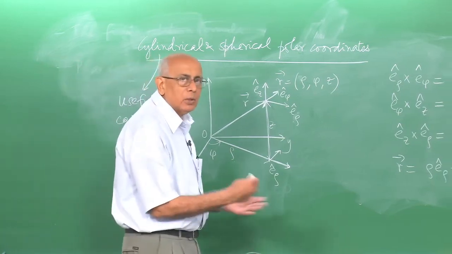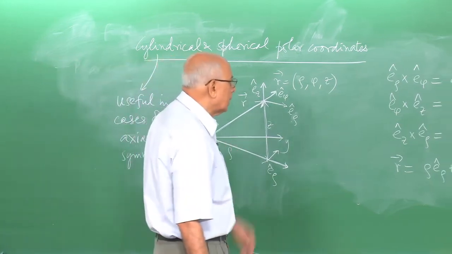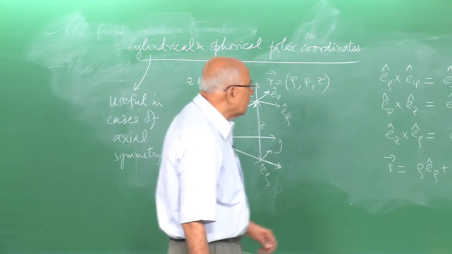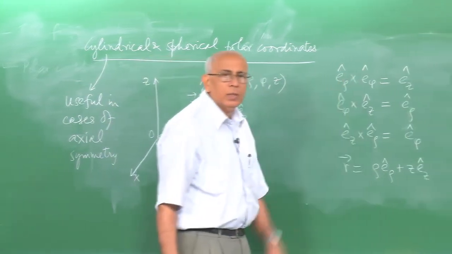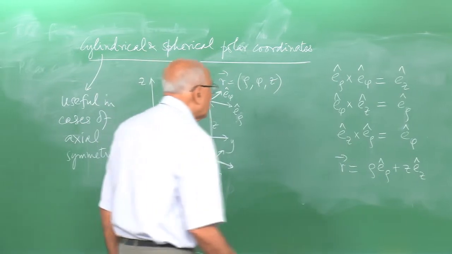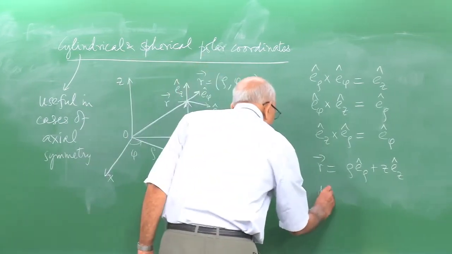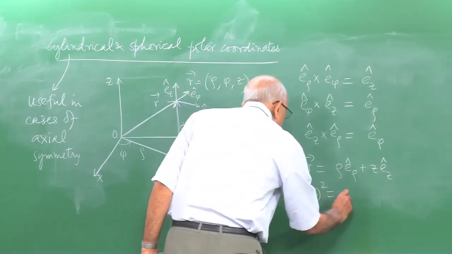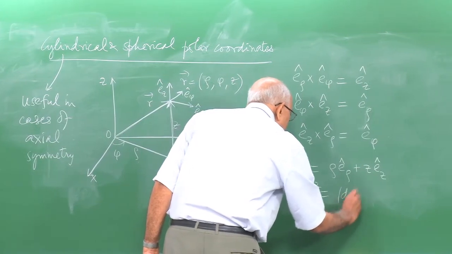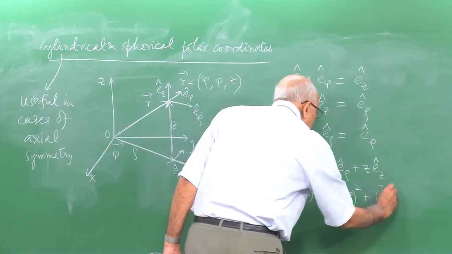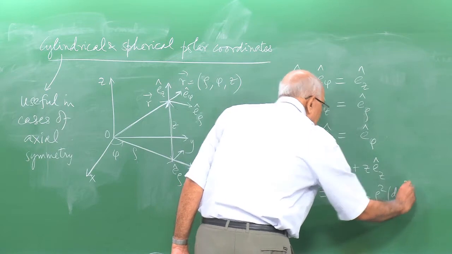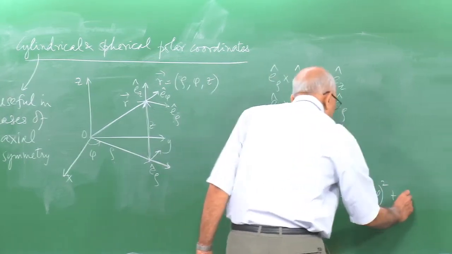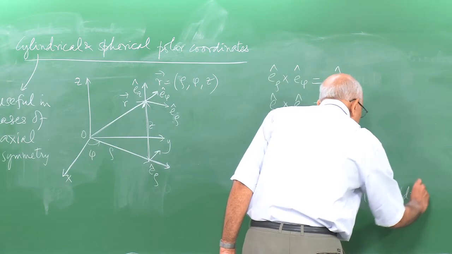We'll come across problems where you use cylindrical polar coordinates very profitably, and these are the relations between the unit vectors here. One final point, the line element squared should also be written down. ds squared is d rho squared plus rho squared d phi squared plus dz whole squared.